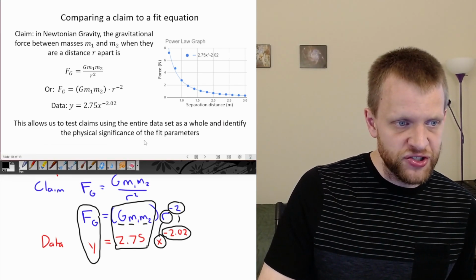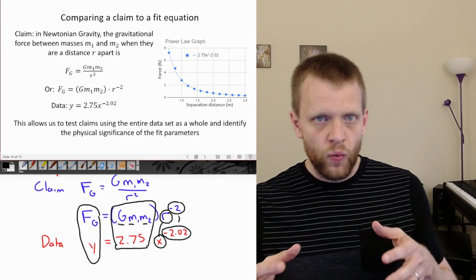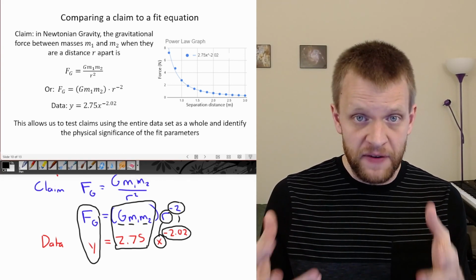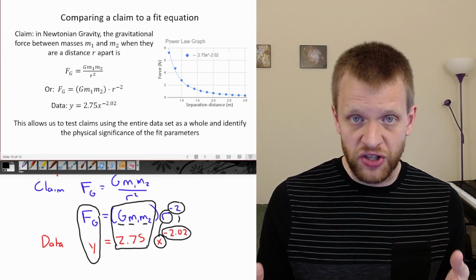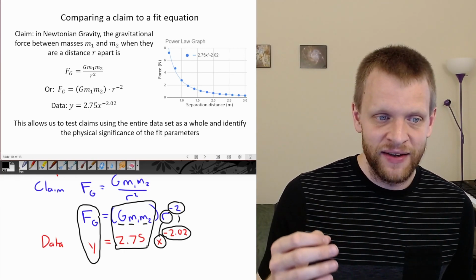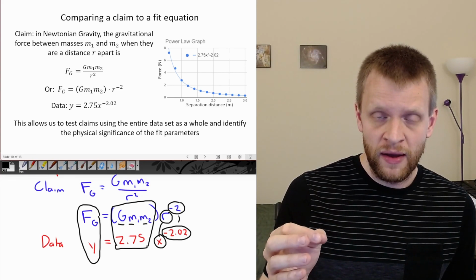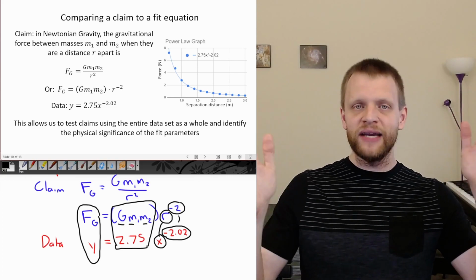A couple of last points that I want to make. When we're using these fit equations and these fit parameters that the computer spits out at us, one of the advantages is that these fits use the entire set of data.